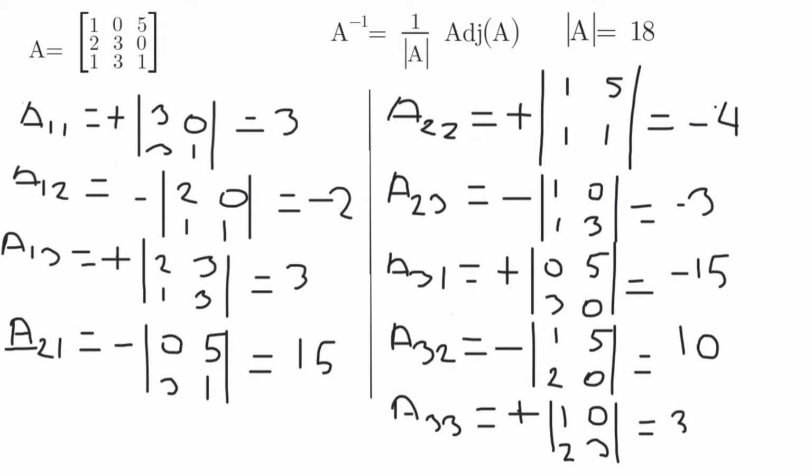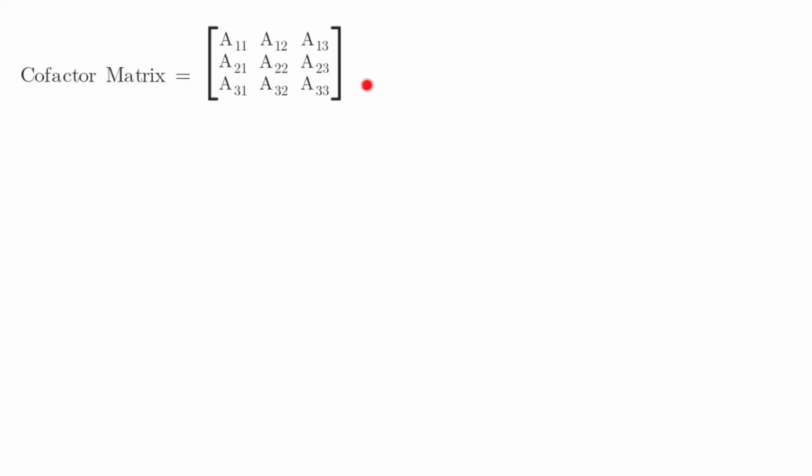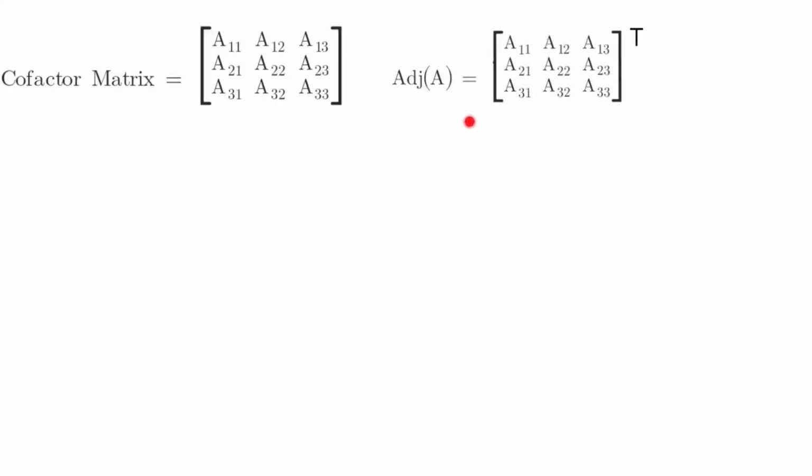We have got the cofactors of all the elements of this matrix A. So now we are going to write all these elements in matrix form, and we are going to form a cofactor matrix. So this is our cofactor matrix. We just need to substitute all the values of cofactors that we just calculated in this matrix. Now the adjoint matrix is obtained by the transpose of this matrix. So the adjoint of matrix A is given by its transpose.